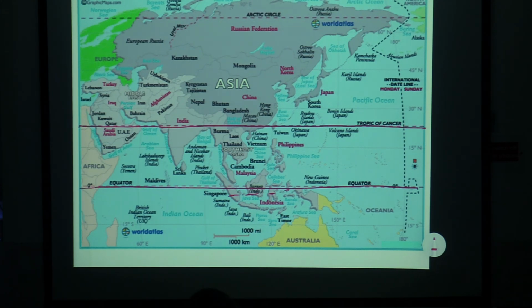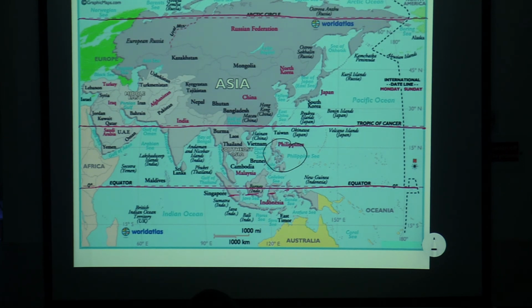Tropic of Cancer, Arctic Circle. Philippines is neither with the equator nor the Tropic of Cancer, you can see it here.